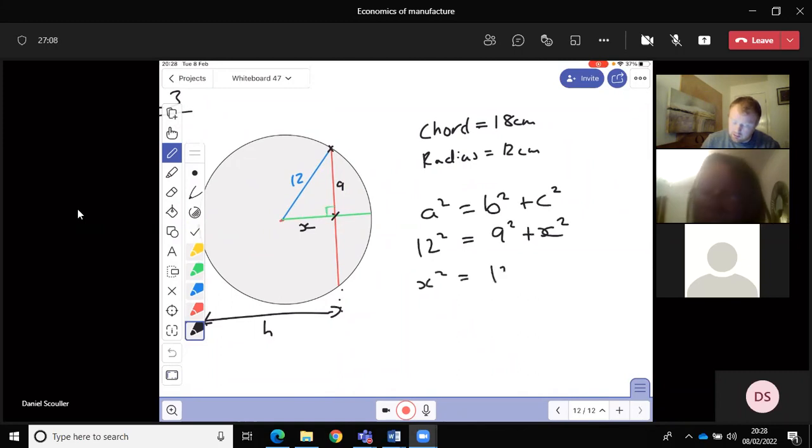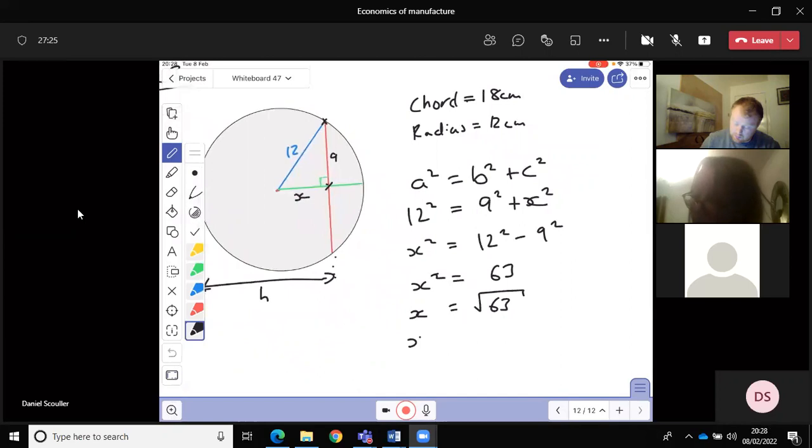Rearrange that. x is equal to 7.94 centimetres. Okay, so same process we've done all along. So nothing changed there, we've just put it in a different format.